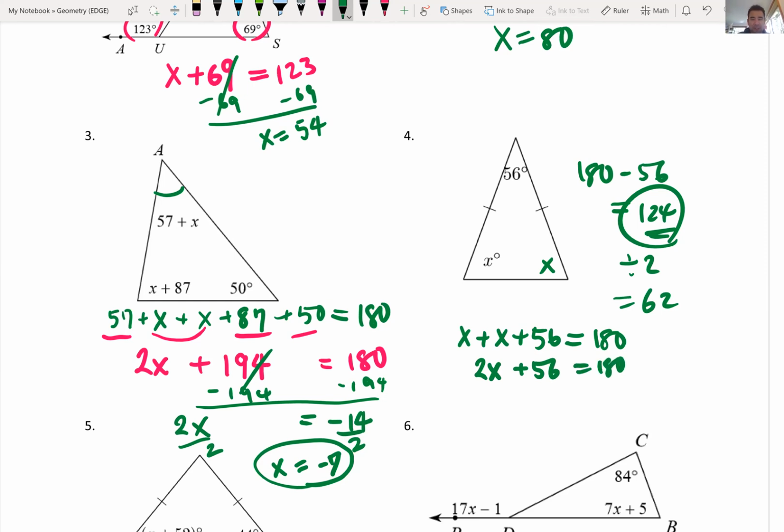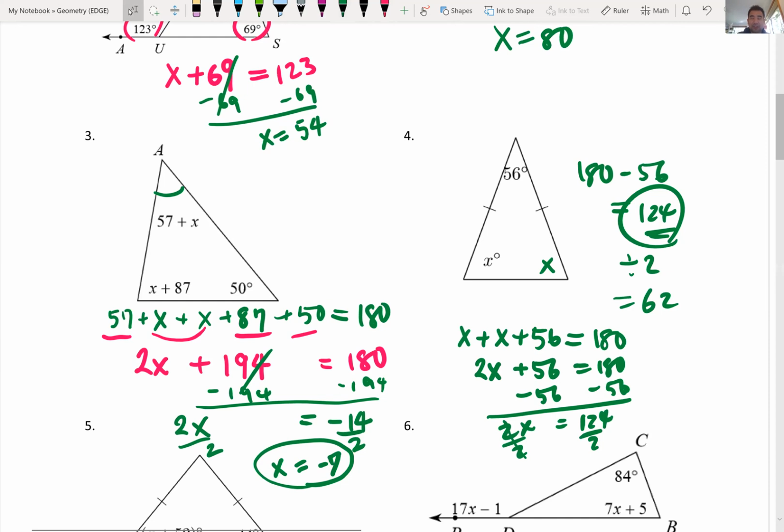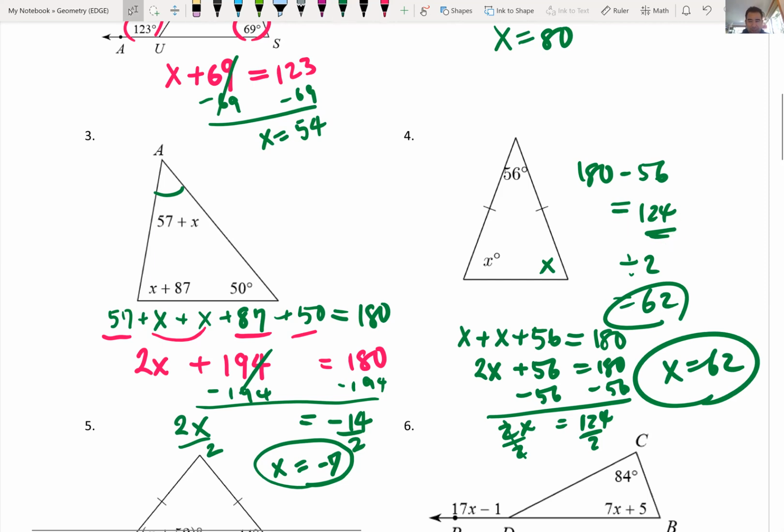Then you subtract 56 on both sides. You get 2x equals 124. And then divide by 2. x equals 62. And you get the same answer, right? You're practically doing the same thing, isn't it? You're subtracting 56 from 180, and then you divide by 2.